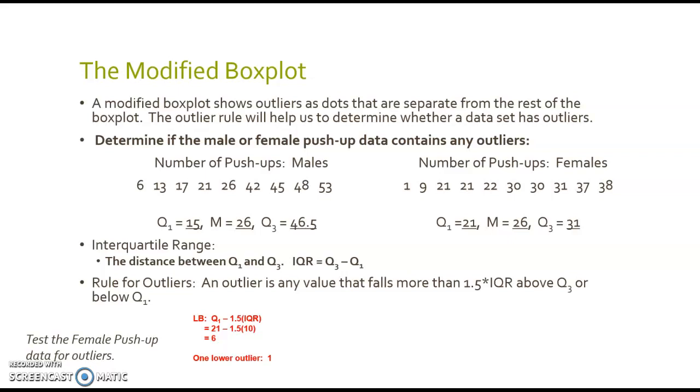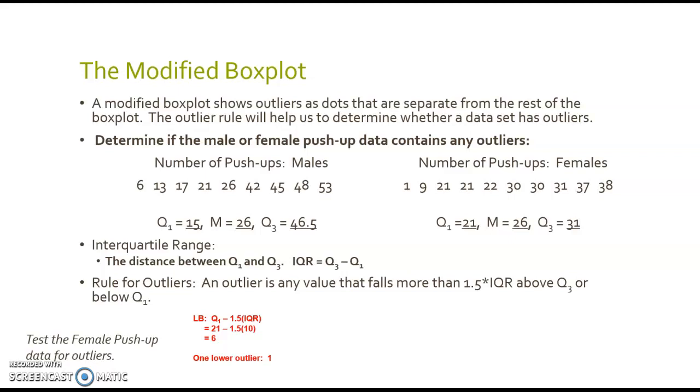I'm going to find the interquartile range by taking Q3 minus Q1. 31 minus 21 is 10. And I'm going to multiply that interquartile range of 10 by 1.5. Then to find the lower boundary, I subtract that from the left side of the box.